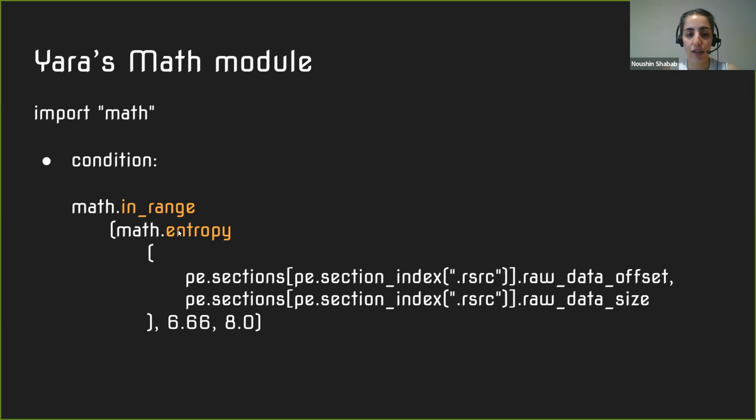We are trying to calculate the entropy of this section and check if it is between 6.66 and 8, which shows that this section is either compressed or packed or has encrypted data.